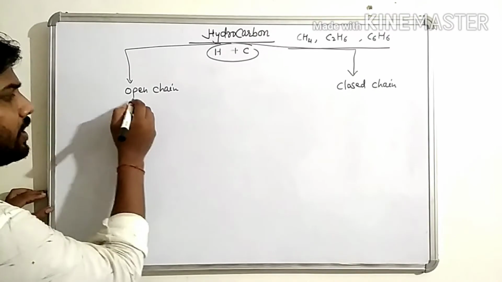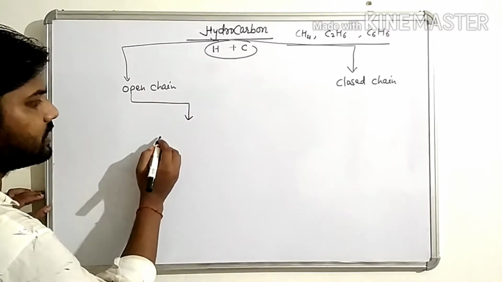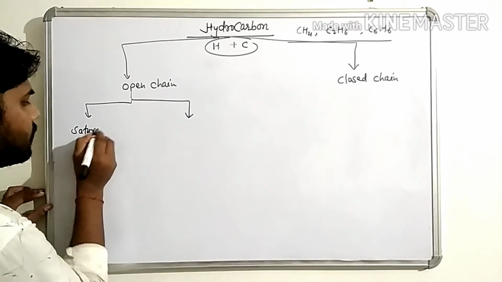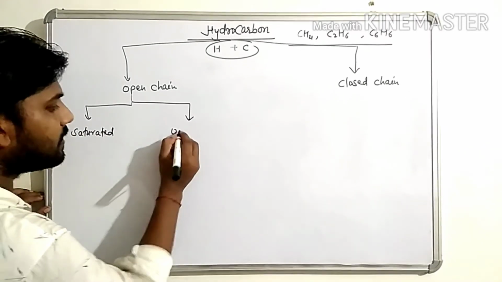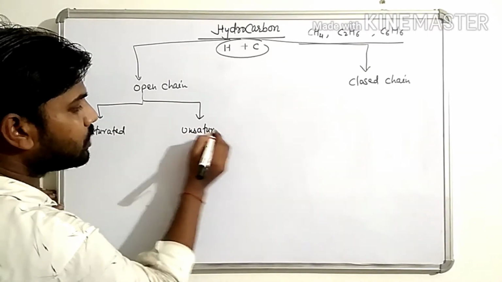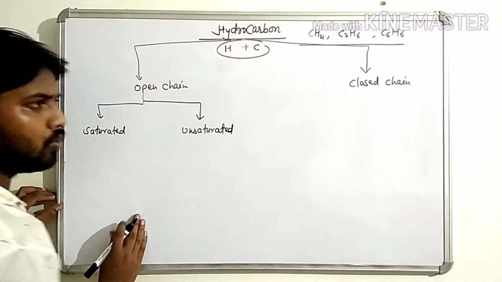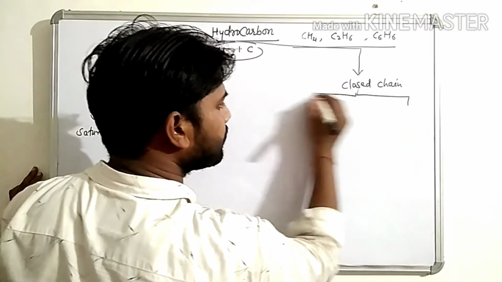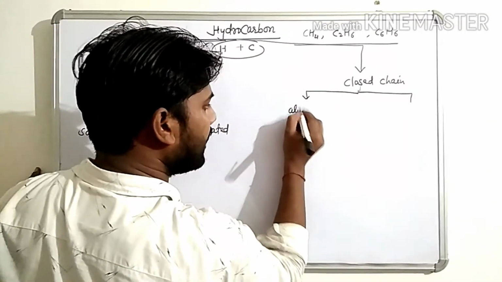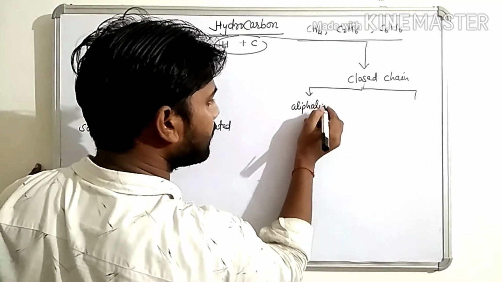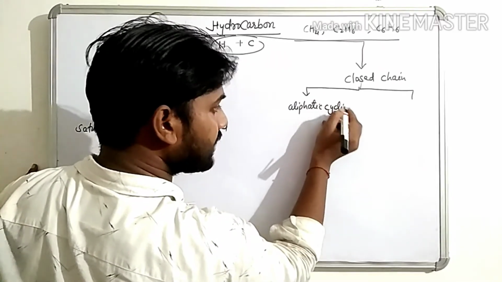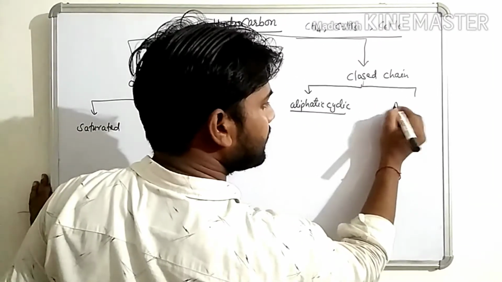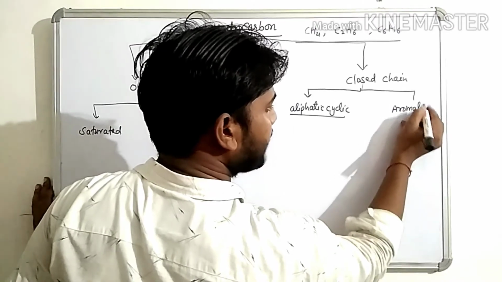Open chain is also divided into two parts: the first is saturated and the second is unsaturated. Closed chain is also divided into two parts: first is aliphatic cyclic, where cyclic stands for closed chain, and second is aromatic cyclic.